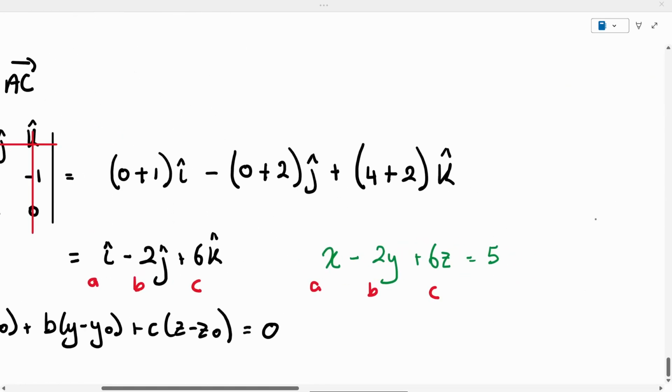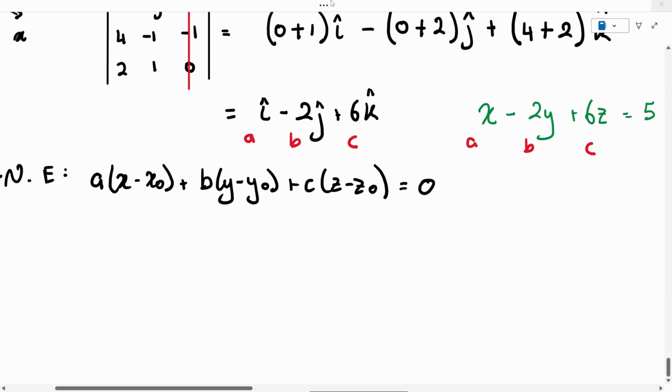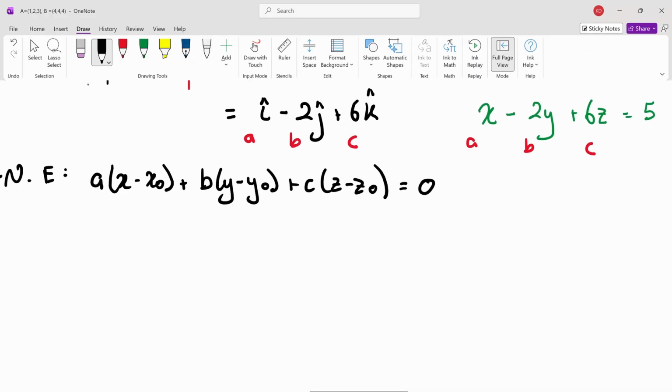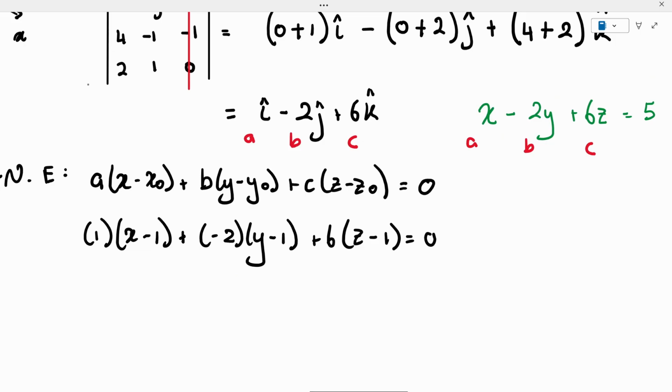So we're using 1, 1, 1 and we're using 1, minus 2, 6, right? So we have 1 times x minus 1 plus minus 2 times y minus 1 plus 6 times z minus 1 equals 0.